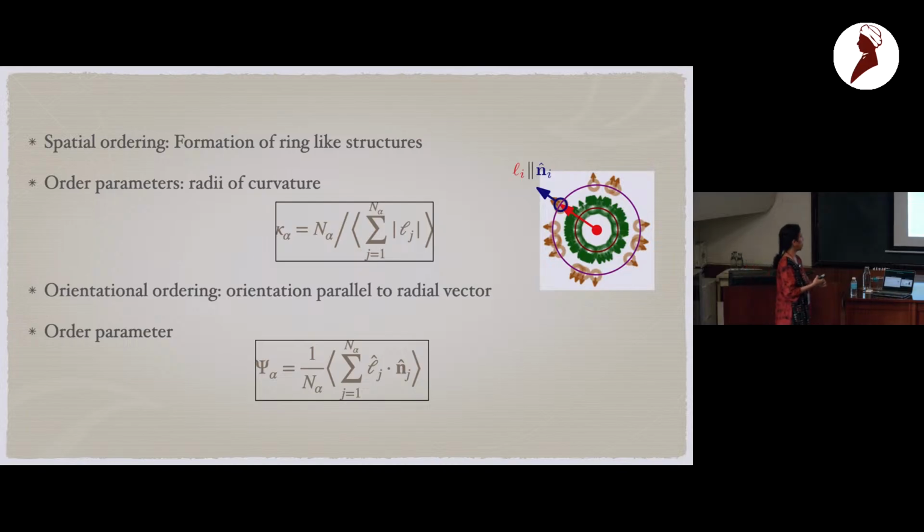In one, R1 is finite, so K1 will be non-zero, and in the fully ordered phase both of them will have finite values. Also, to estimate the orientation order, we measure the dot product of this vector with the corresponding nj, and that is the orientation order parameter.